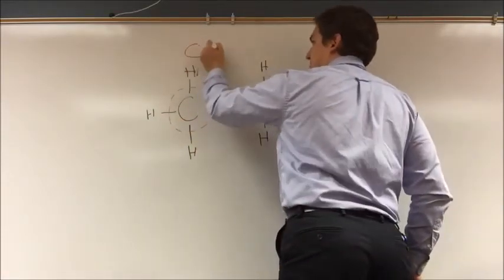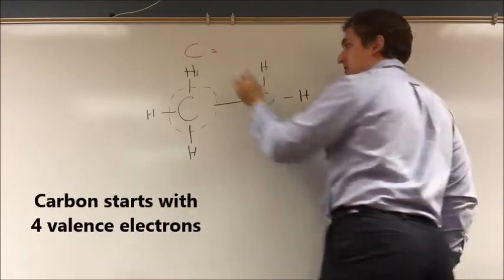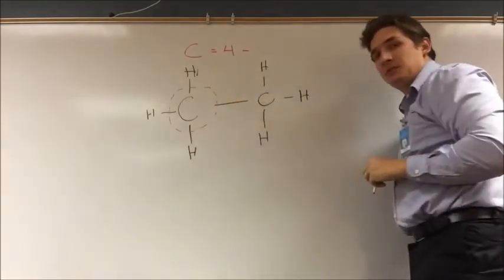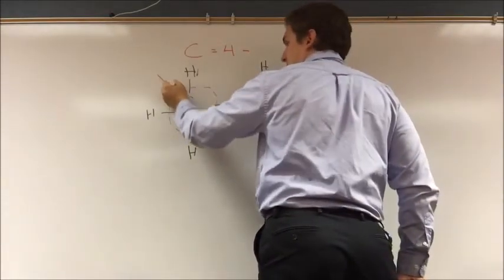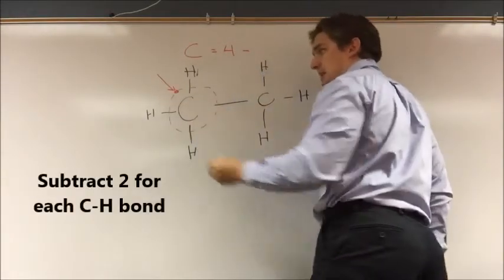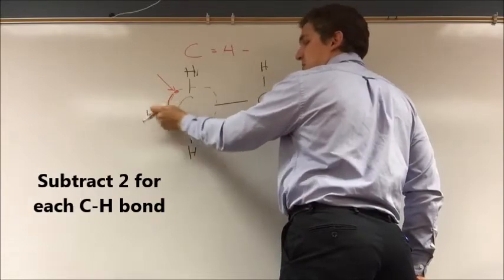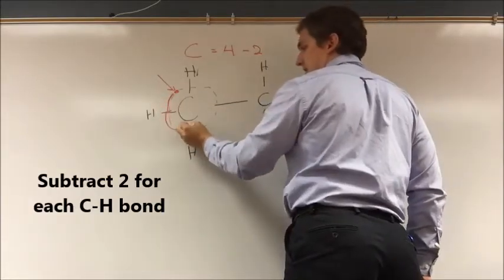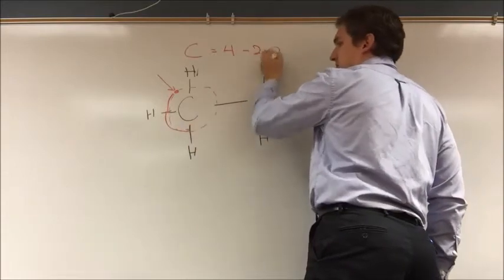We have carbon, which starts out with 4 valence electrons. It doesn't have any electrons in terms of lone pairs. Now we're going to take our arbitrary starting point. So we go along, carbon is more electronegative than hydrogen, so we're going to subtract off 2. Second carbon-hydrogen bond, subtracting off another 2.